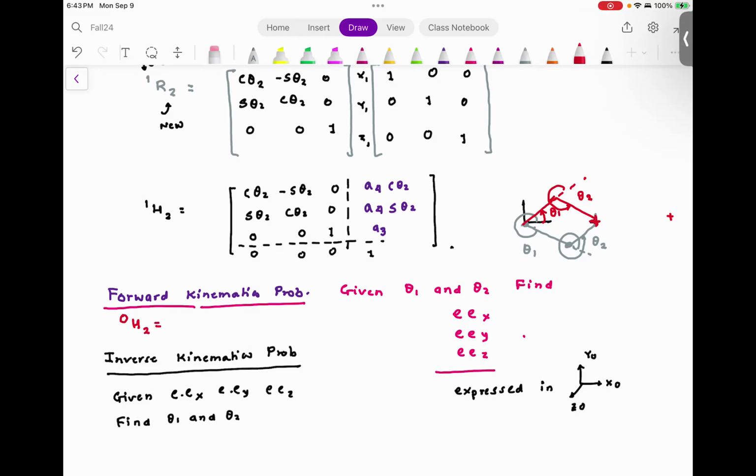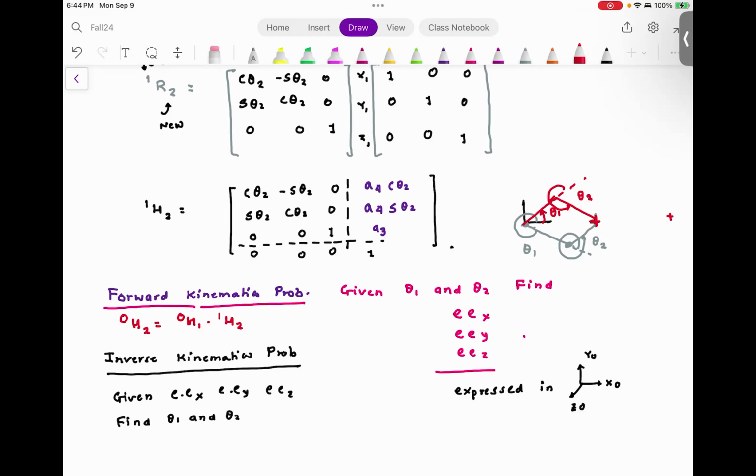Because number 2 is my end effector frame. 0 is my reference frame. So this is nothing but 0h1 multiplied by 1h2, and I use MATLAB to multiply 4x4 matrices. When I was a student, I had to do all these calculations by hand, and it was a pain.